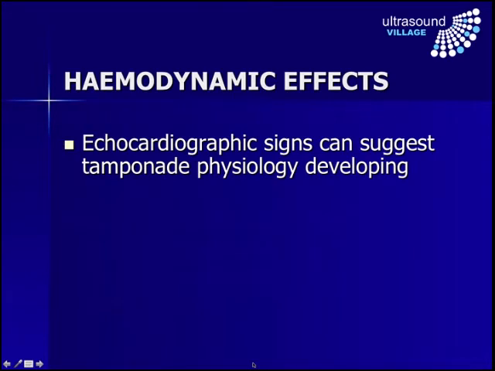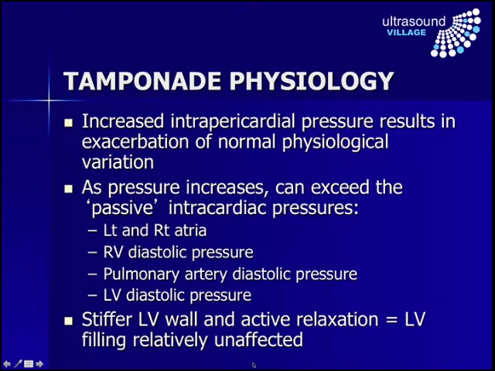So, as we've mentioned, echocardiography can suggest that tamponade physiology is developing, that there are some pressure effects happening. So, what are those? Well, if we think about the physiology of tamponade, the increased intrapericardial pressure results in the exacerbation of those normal physiological variations that we talked about earlier.